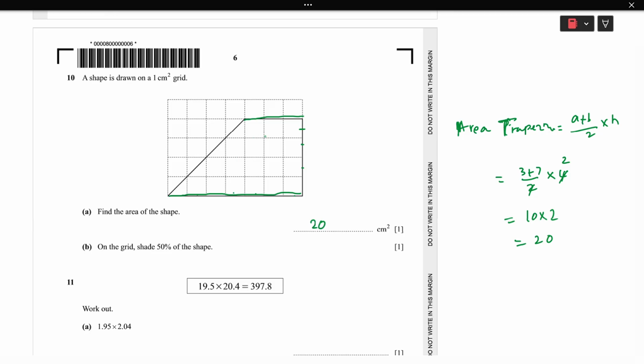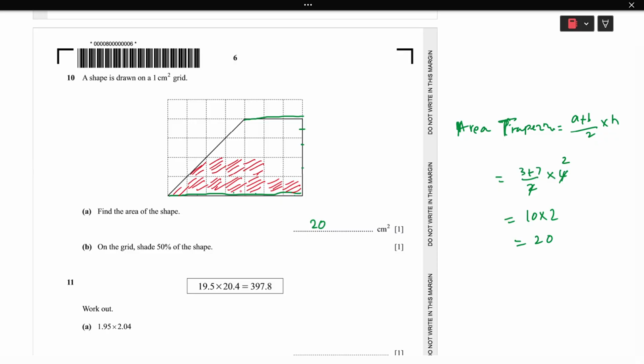So I'll change the color. Okay, 10 boxes we go for. 1, 2, 3, 4, 5, 6, 7, 8, 9, 10.